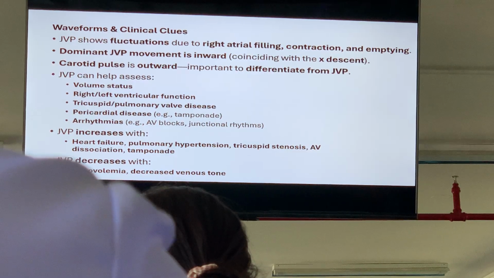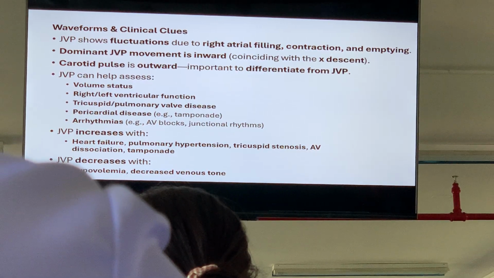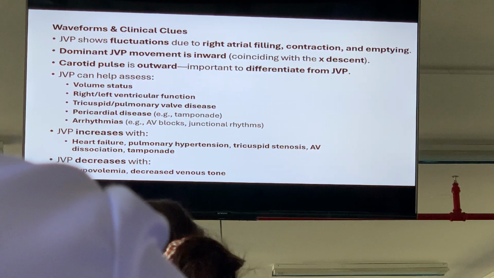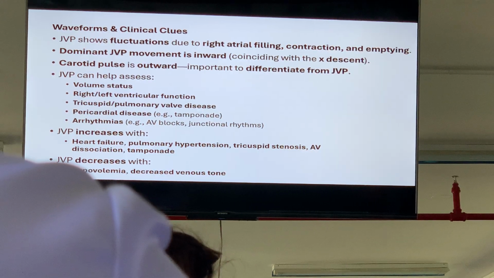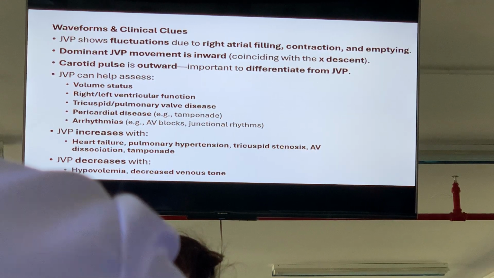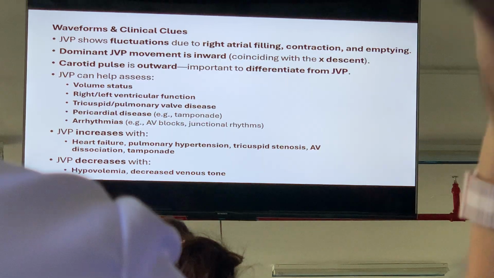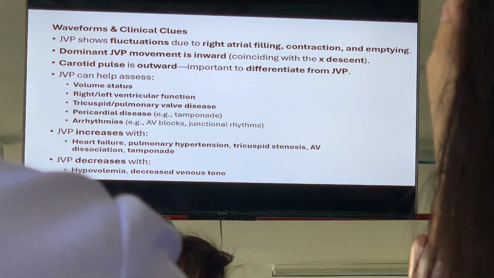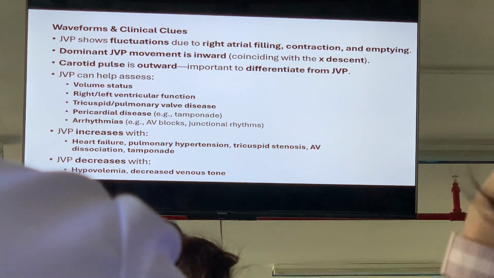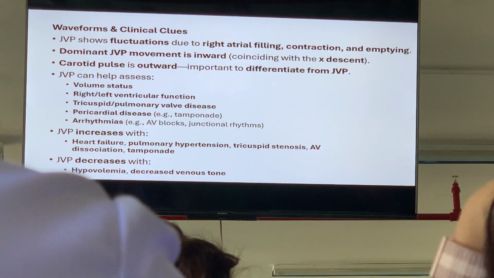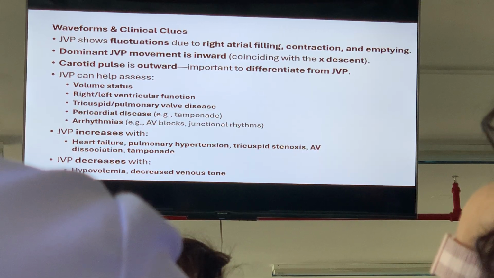So as mentioned, what's the use of your JVP? It helps assess your volume status. If you are dehydrated, your JVP might be lower. It also helps assess right and left ventricular function. If you have ventricular dysfunction, your JVP will also vary. It varies with tricuspid or pulmonary valve diseases, pericardial diseases such as cardiac tamponade, and arrhythmia.